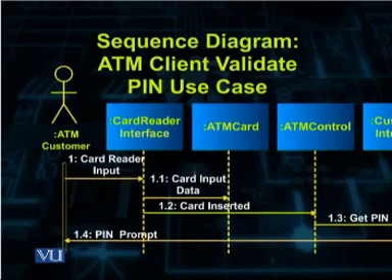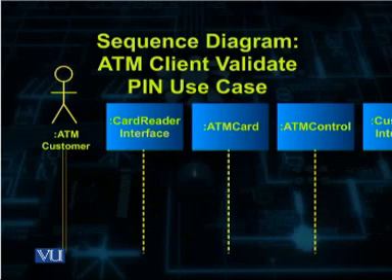So all three of these diagrams have their own importance in modeling the dynamic behavior of a system. The state charts have their own importance, the collaboration diagrams have their own importance, and the sequence diagrams have their own importance. Now, as you can see, the objects remain the same and the timeline continues to grow.